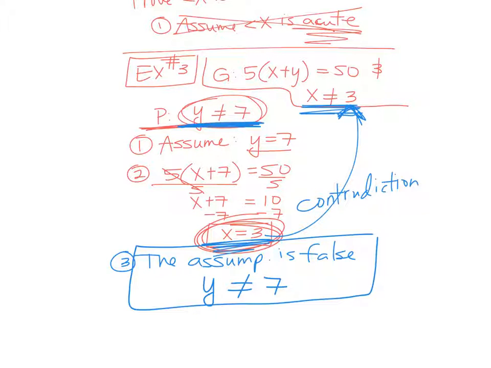Okay, so given that the cost of 2 items is more than $50, we have to prove that at least one item costs more than $25. What's the opposite of that proof? Assume neither item costs more than $25, right?